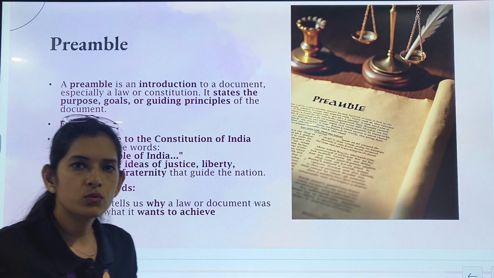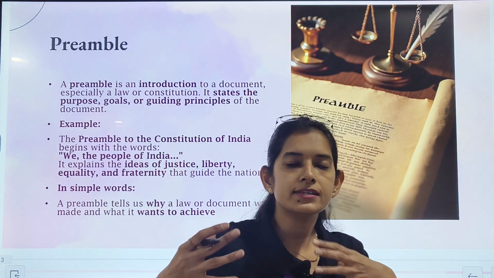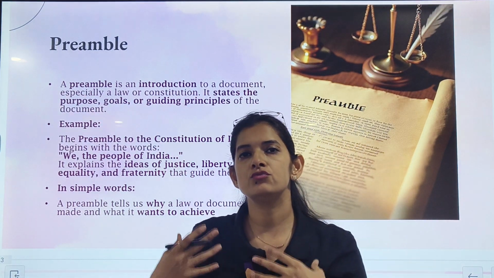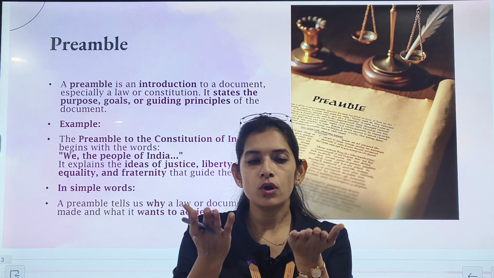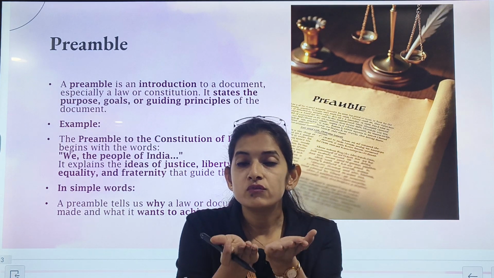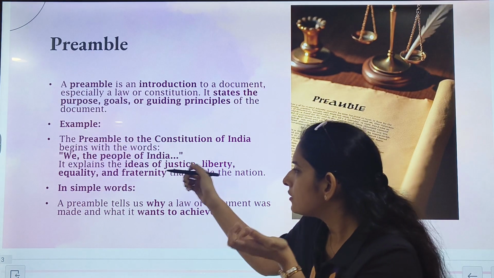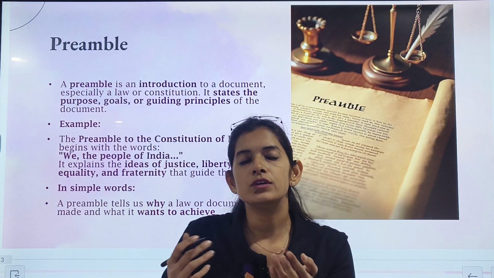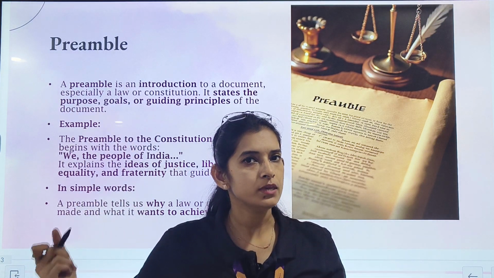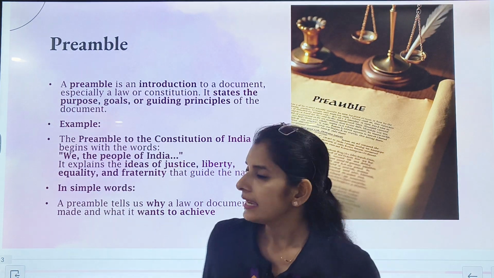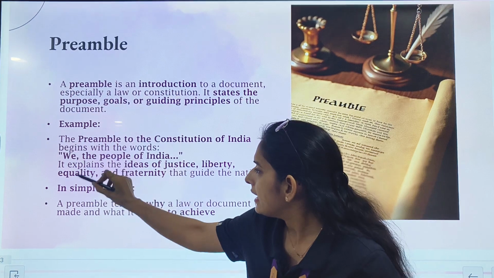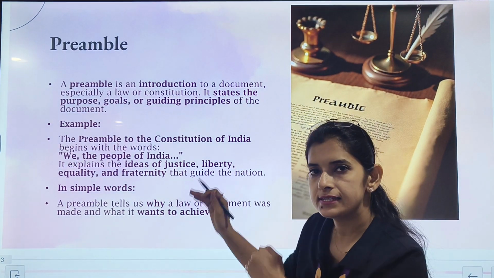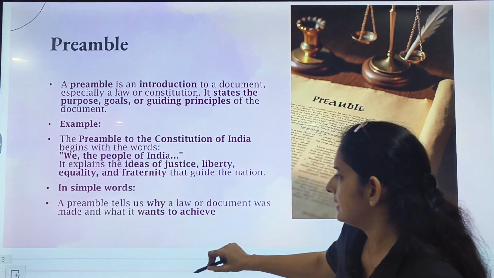In simple words, the preamble gave us an idea on which guidelines, on which ideas, a constitution should be made. These are the four ideas according to which our constitution has to be made. Clear? We would be discussing these words in detail in the next slides.